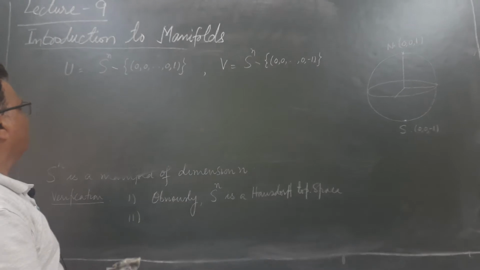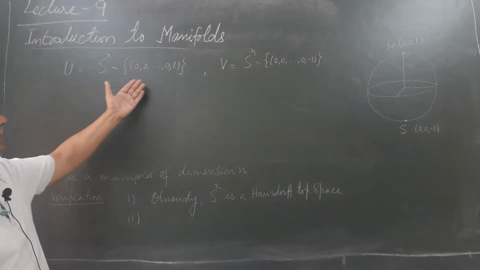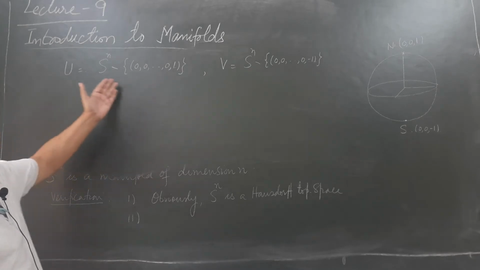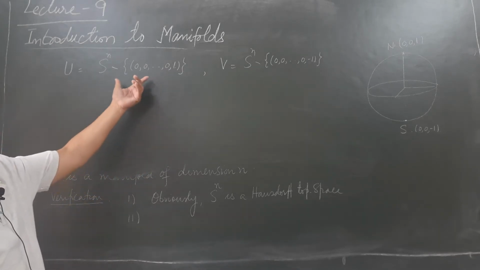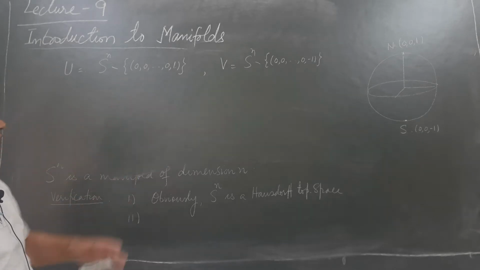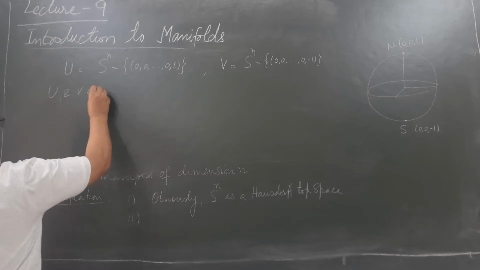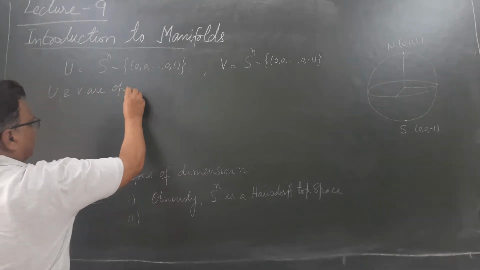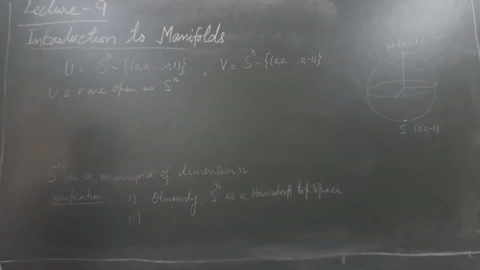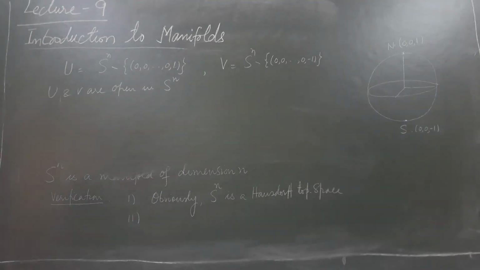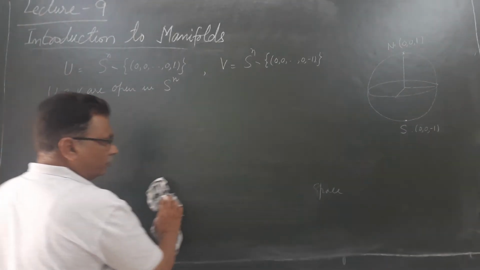Now U and V are obviously open sets because they are the complement of a singleton set. Sn is a Hausdorff space, so a singleton will be closed, and the complement of closed is open. So U and V are open in Sn.